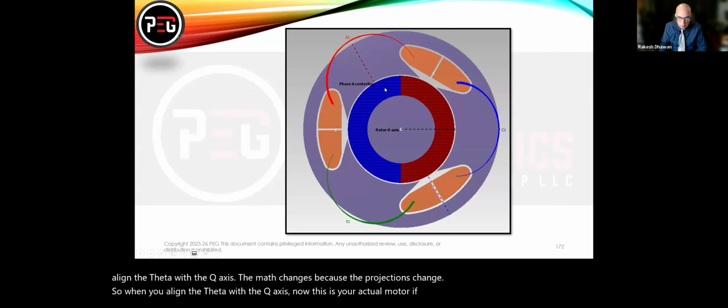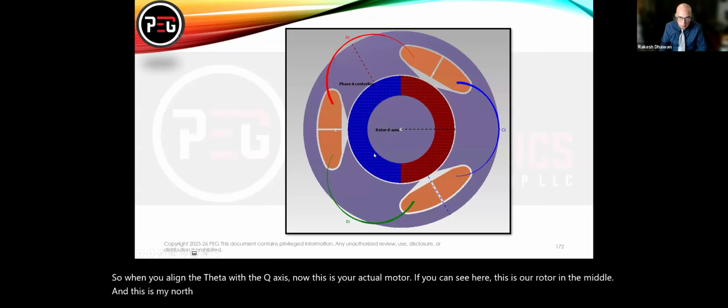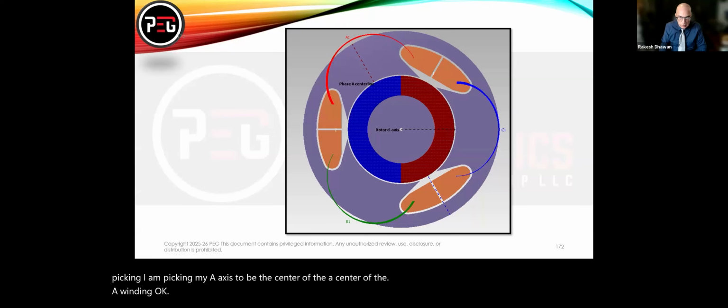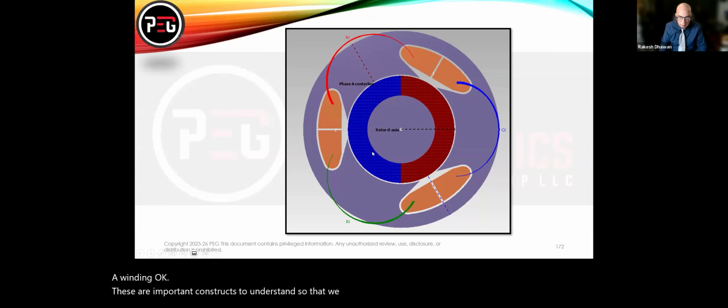If you can see here, this is our rotor in the middle, and this is my north magnet, this is my south magnet, and I am picking the middle of the north magnet as the D axis, and then I'm picking my A axis to be the center of the A winding. Okay, these are important constructs to understand so that we can simplify our math.